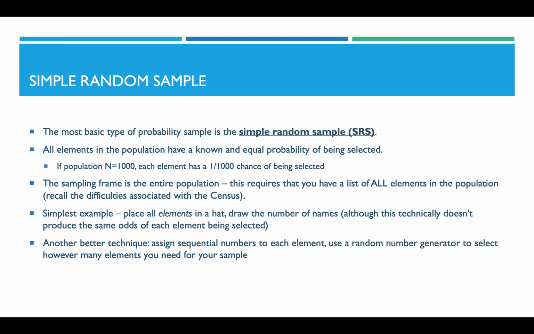And then, if we wanted to sample, say, 100 elements randomly from that population of 1,000, we would use a random number generator to determine 100 random numbers, and then we would match those random numbers to our list. Those with the matching numbers get pulled into the sample.